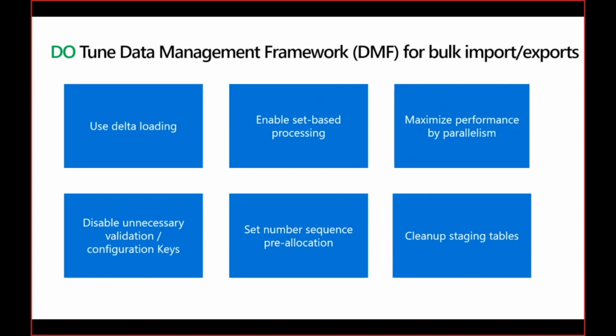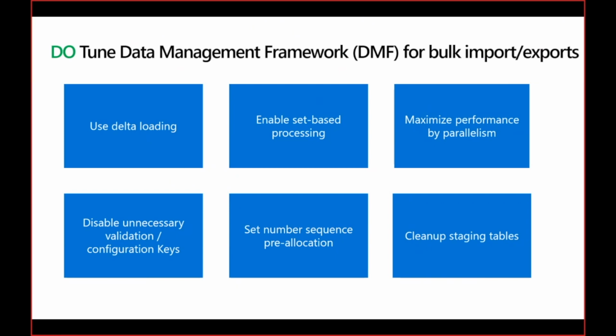For example, you can use delta loading or the incremental push after a full push, you can enable set-based processing for certain entities, of course, if they are developed in a way that they support it, and you can use parallelism, for example, for mass import scenarios. You also have to think about other things like disabling unnecessary validations or configuration keys, which can lead to an overhead in the data import-export framework.